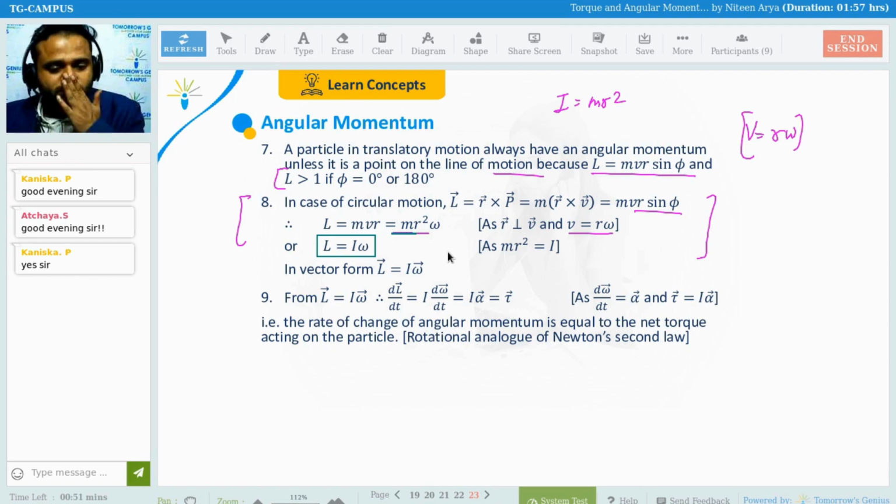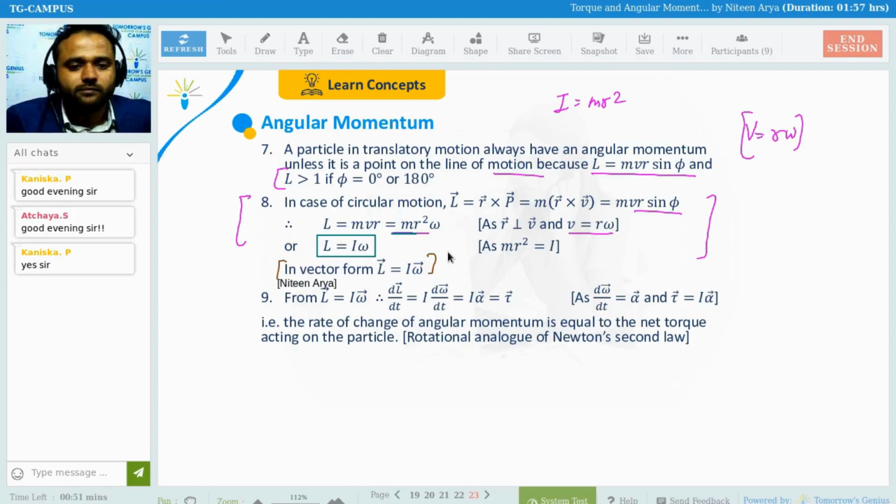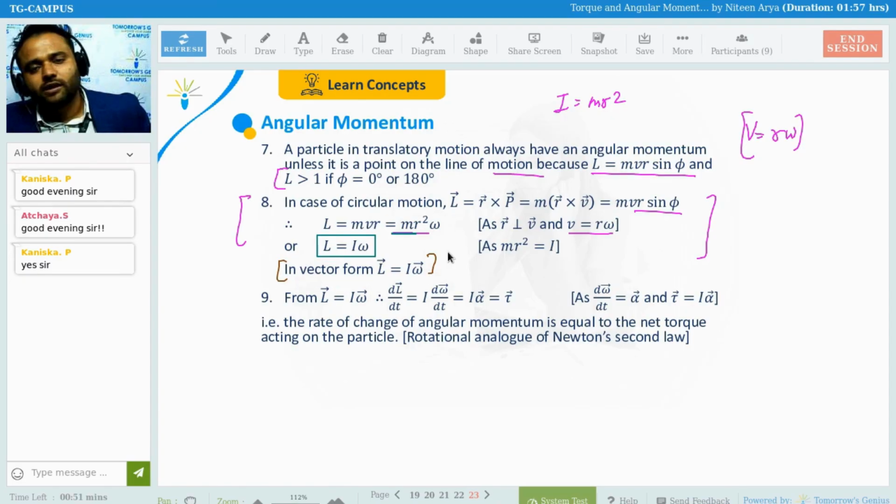Most of the time, the question comes for this relation in a numerical: the moment of inertia is given, angular momentum is given, and they ask for the angular velocity. We could do it in 2-3 steps, but that is not required here because we have the direct relation.